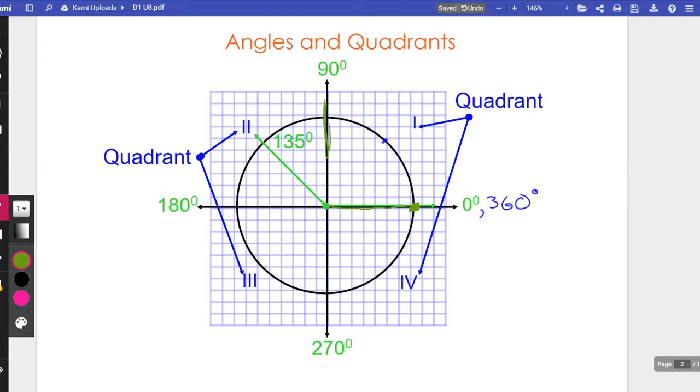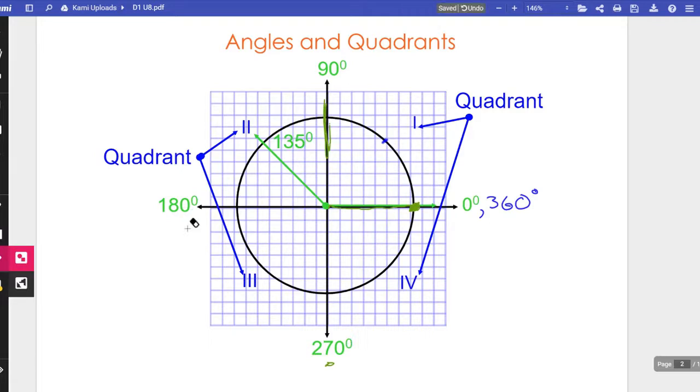And then as we continue around going counterclockwise, like rotating this thing in a circle, we'd be in the second quadrant, from 90 to 180. Then from 180 to 270, that's your third quadrant. And 270 to 360 degrees, a full circle, is your fourth quadrant. So if you've ever wondered why the quadrants are labeled in that order, that's one possible reason.